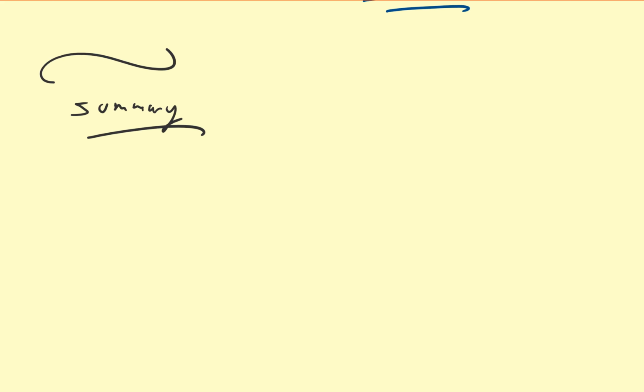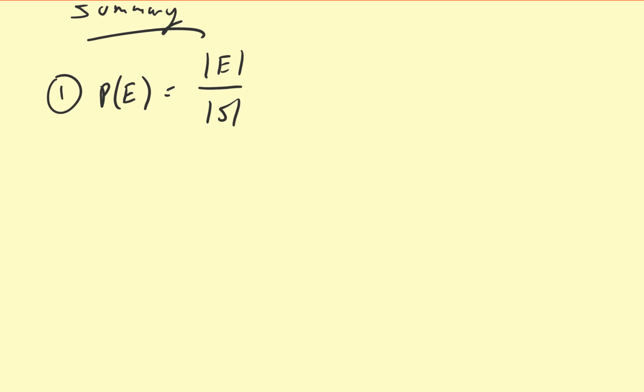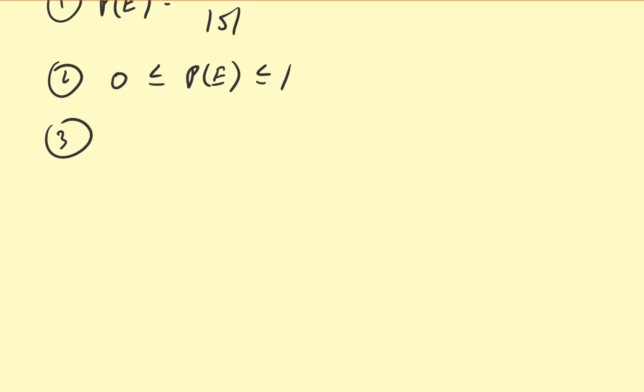So let us summarize these properties that we've discussed here. First, the probability of an event is calculated by the size of E over the size of S. Second, all probabilities are always between 0 and 1. The sum of all our probabilities is equal to 1.